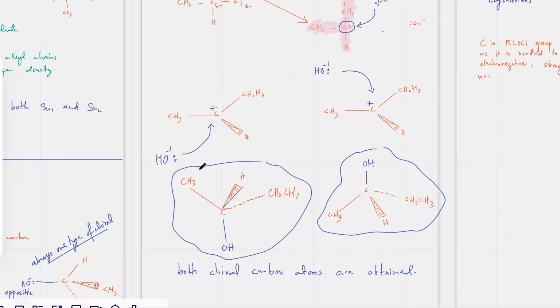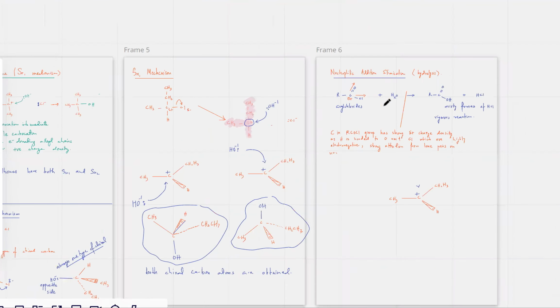But in the SN1 mechanism, where the carbocation is formed, the OH minus 1 comes in later. So it could attach from the bottom or it could attach from the top, and both chiralities are possible. Is that clear? Yes, sir. So remember this about chirality, that both chiral molecules are possible in this case.